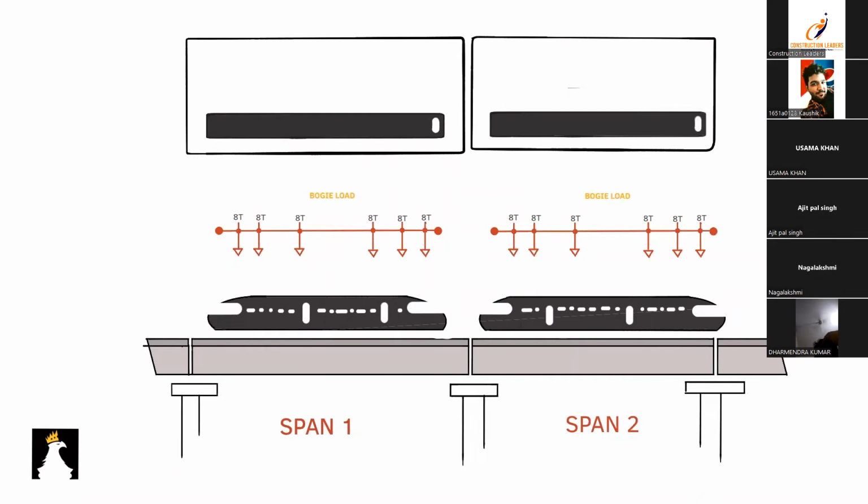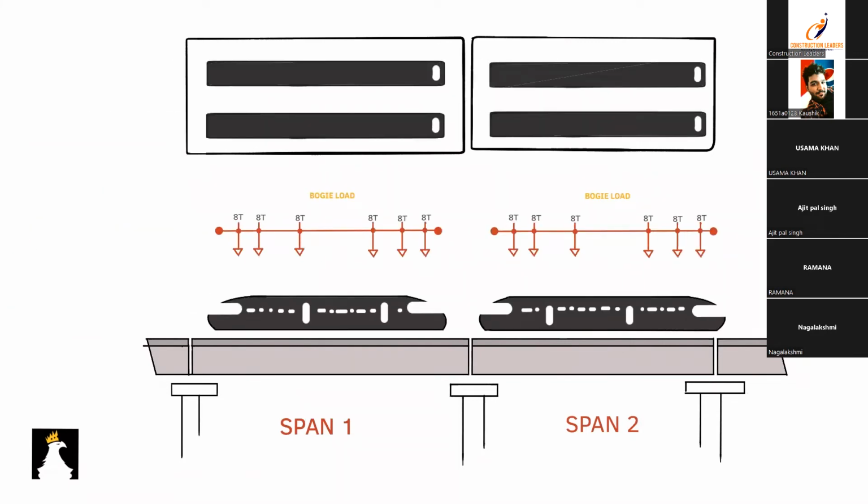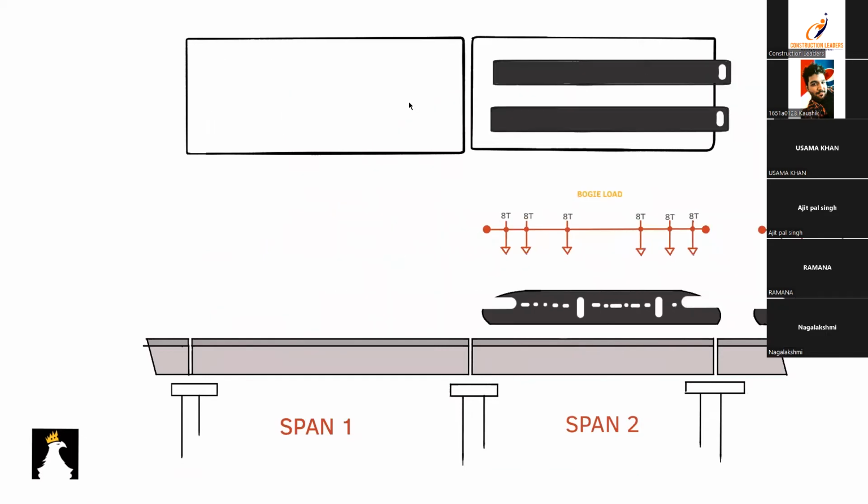This is a case wherein two trains are passing consecutively, but they are on the same side of the spans. And now this is the final case wherein both the tracks and both the sides have been loaded. So these conditions have to be properly simulated.